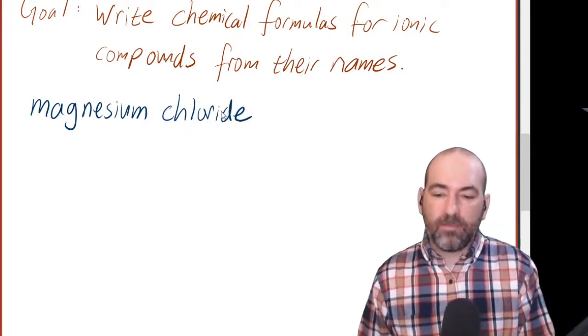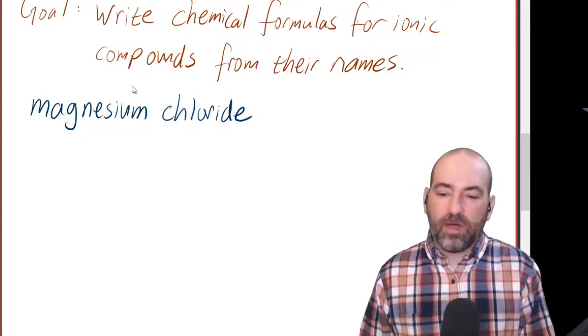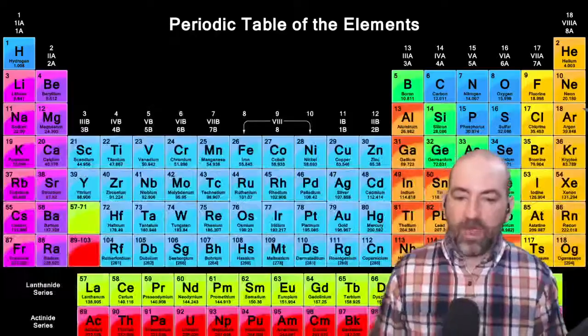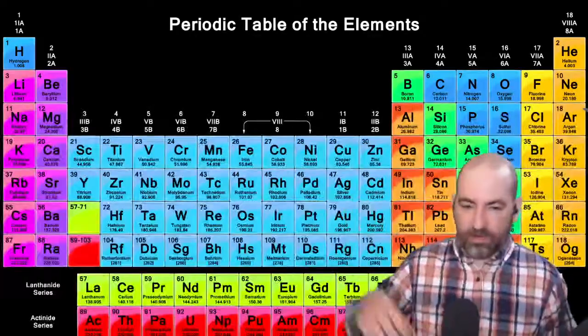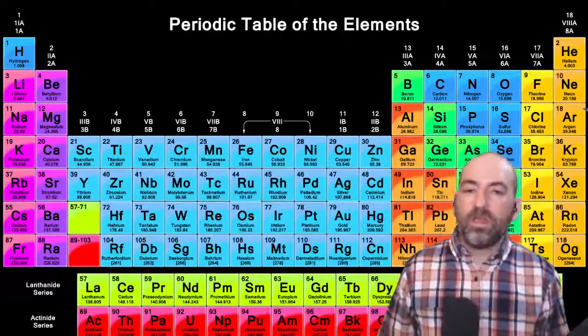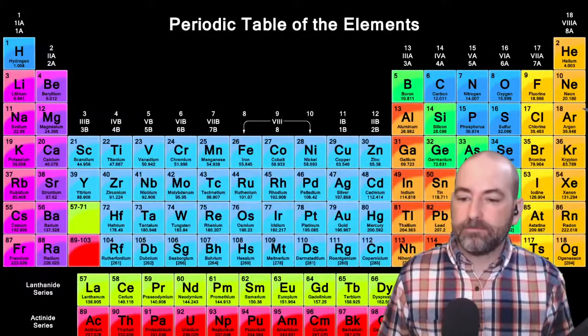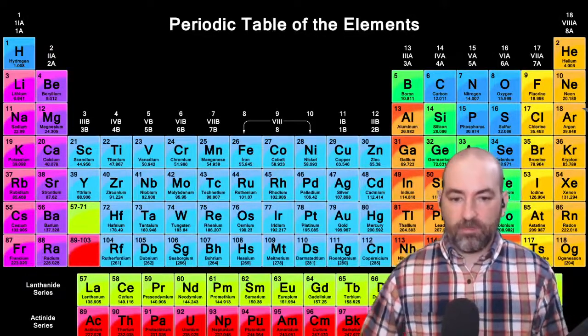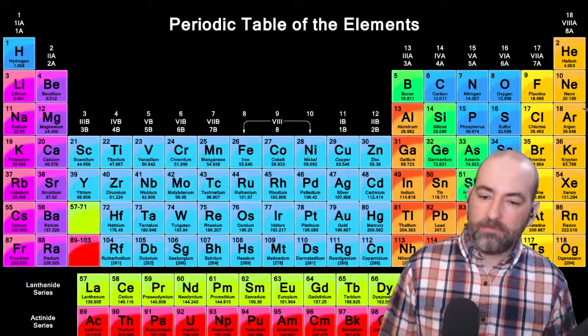Well, we know it's an ionic compound because it's made of two ions, a metal and a nonmetal. And for our purposes in this class, if we ever see stuff from the metal part of the periodic table combined with stuff from the nonmetal part of the periodic table, we can assume that that's ionic. Now, that's not always going to be true for all of chemistry, but for our purposes, that works okay.